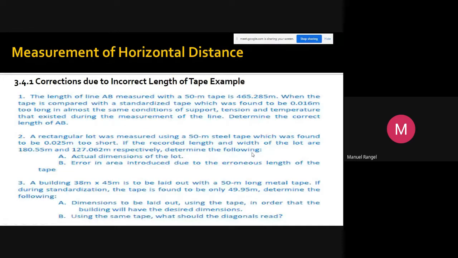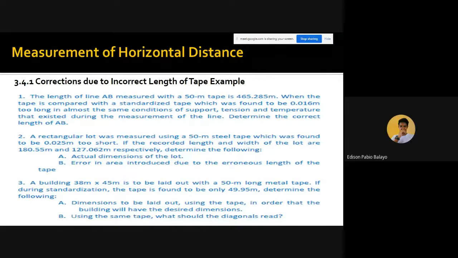For example, corrections due to incorrect length of tape. Can you read number 1, Mr. Edison? Problem number 1: The length of line AB measured with a 50-meter tape is 465.285 meters.